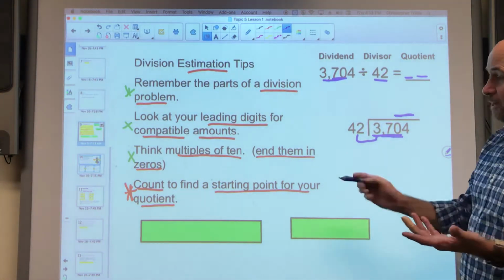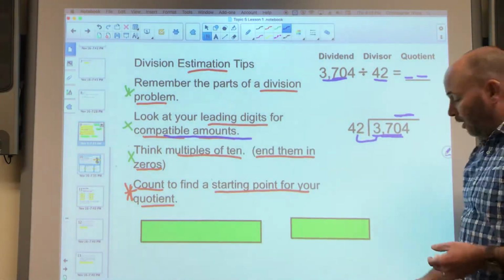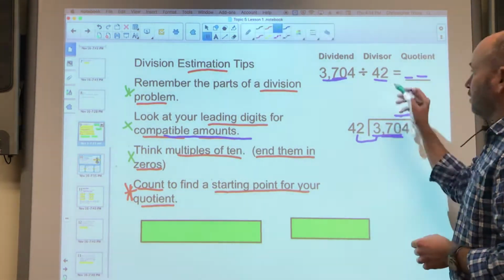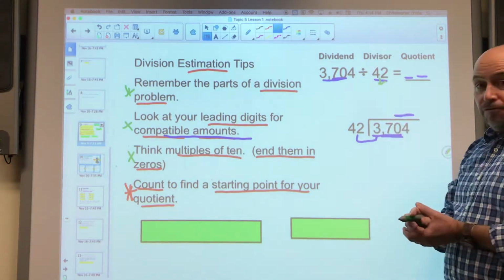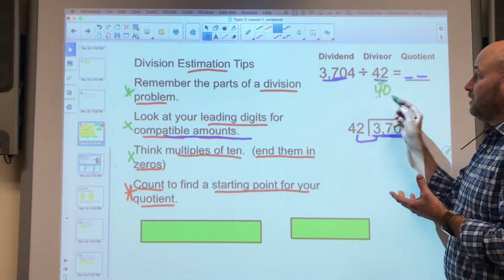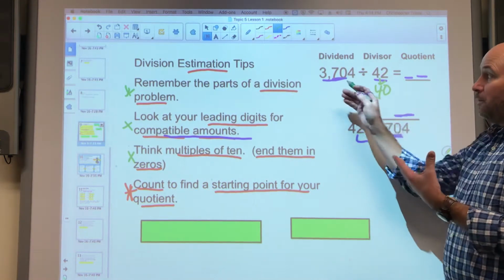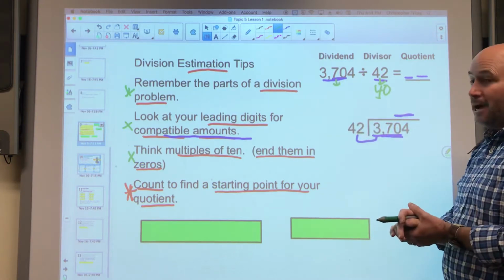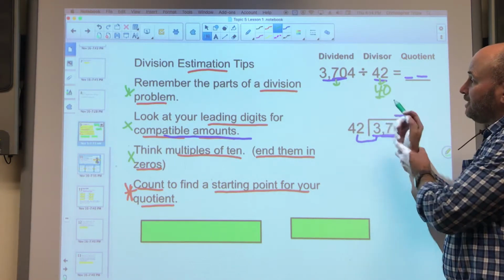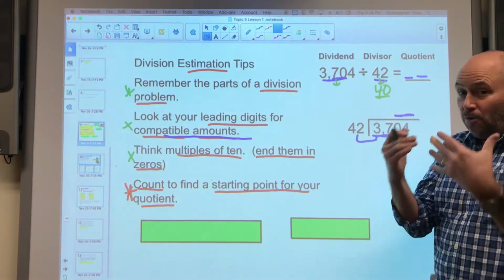Then we can begin the process of looking for compatible numbers. In this case, we're going to round 42 to 40. So our leading digit is the 4. Now remember, we're going to round this to something compatible, using this leading digit of 4, which represents the whole amount of 40.